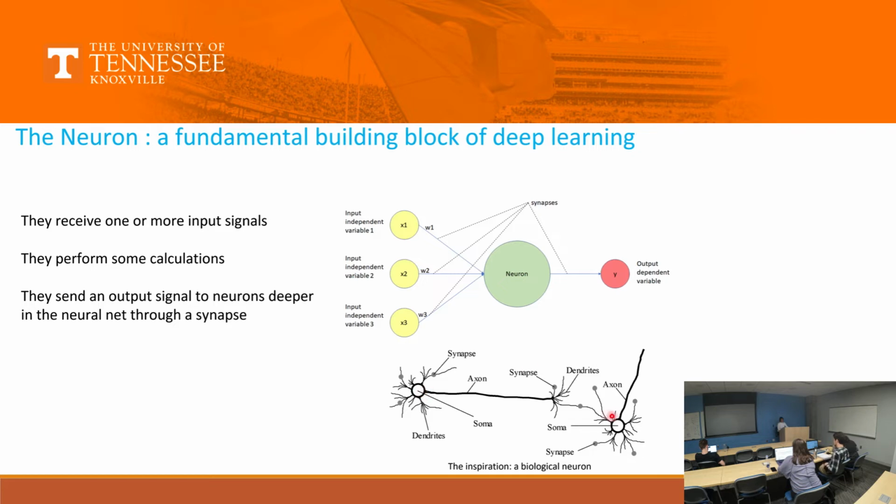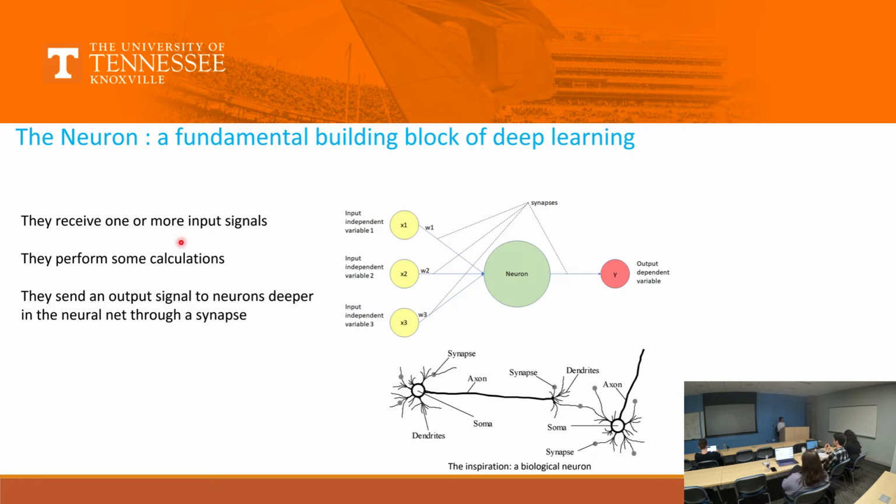And then you have an output here. And one thing is synapses, where you have these connections. A synapse is the connection between your neuron and your input layer, and also between your neuron and output layer.